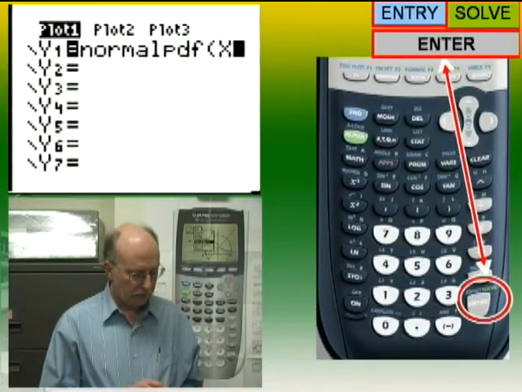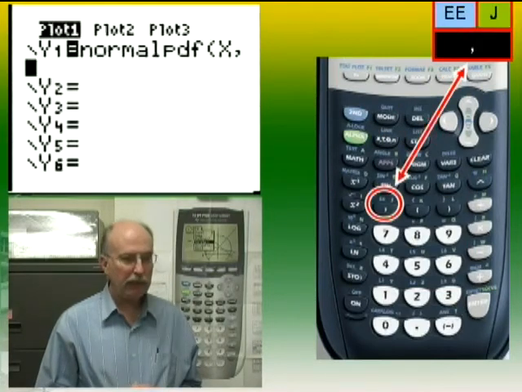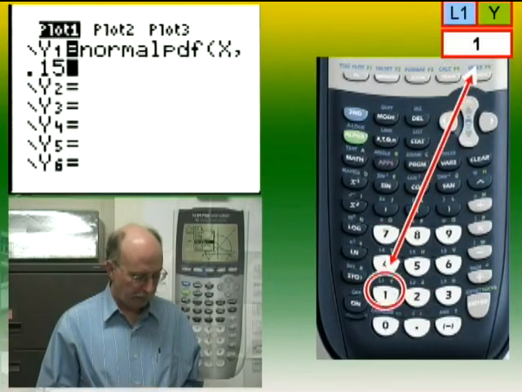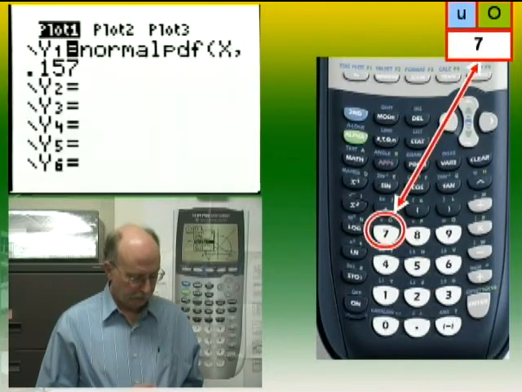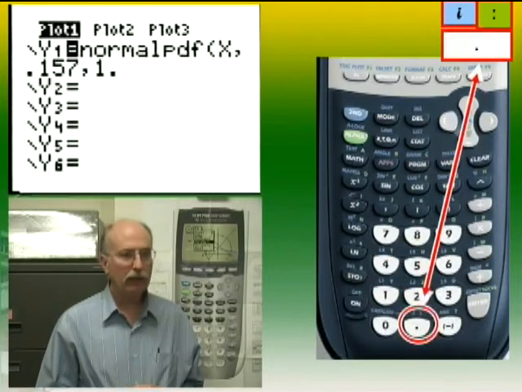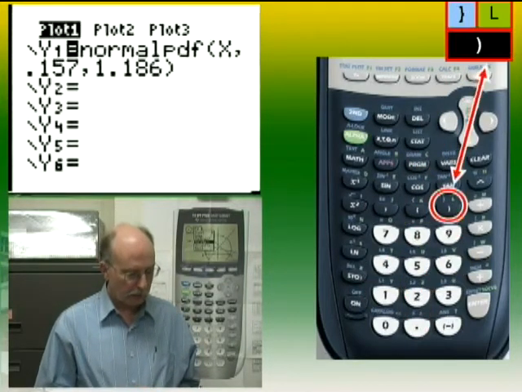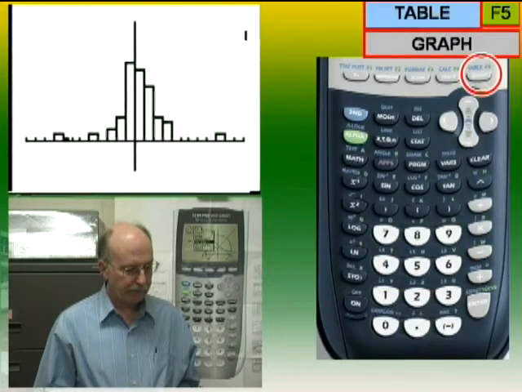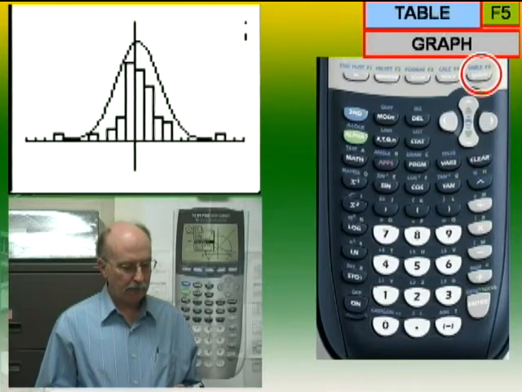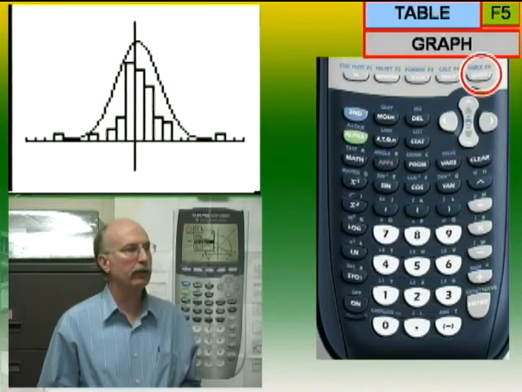And we're going to put x in for the values that we want to graph, followed by a comma, followed by our mean, which is 0.157, followed by a comma, followed by 1.186, which is our standard deviation, and a closing parenthesis. And now we'll hit graph, and what we should see over top of our relative frequency histogram is the normal curve that corresponds to it.